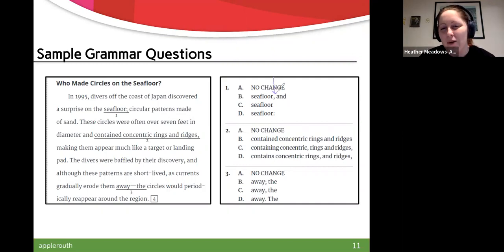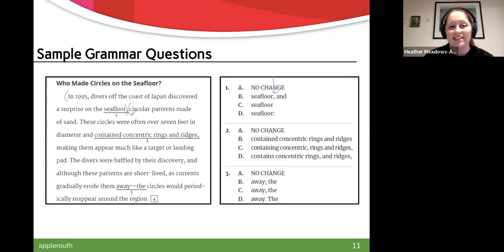It's clearly a grammar question because pretty much the only thing that's being changed is this punctuation after seafloor, and maybe we add a word, right? So we want to think about independent and dependent clauses, right? So we look at the first piece here. In 1995, divers off the coast of Japan discovered a surprise on the seafloor. That's an independent clause. It sounds great on its own, okay?